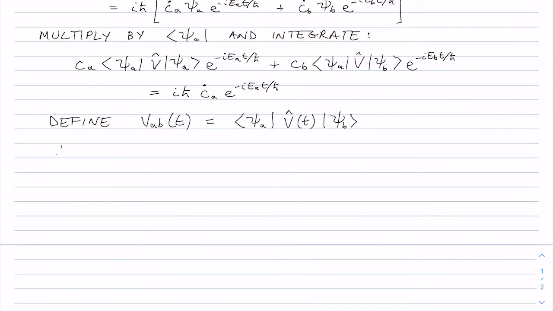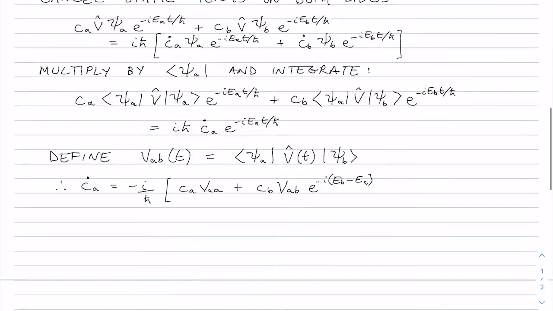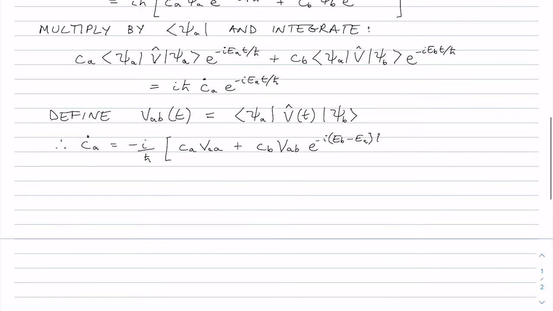And therefore, we can write CA dot is equal to minus i over h bar times the right-hand side. And that's equal to minus i over h bar, CA VAA from the left-hand side of the previous equation, plus CB VAB. And now there's a phase factor that we have to take into account: e to the minus i (EB minus EA) t over h bar.